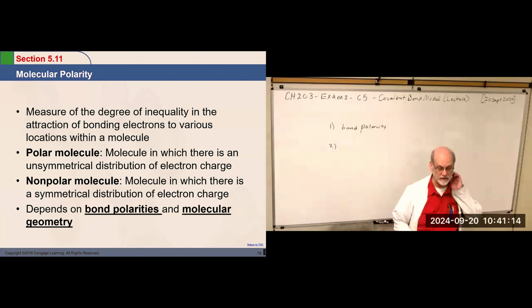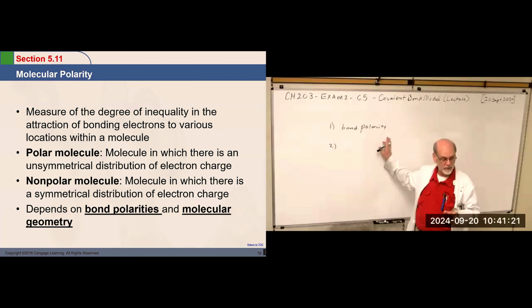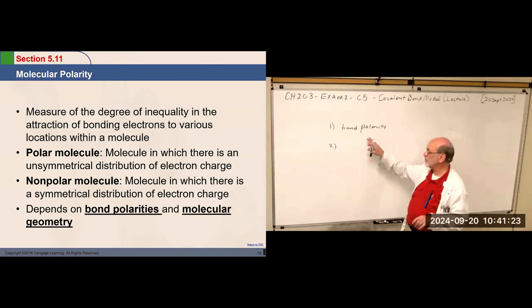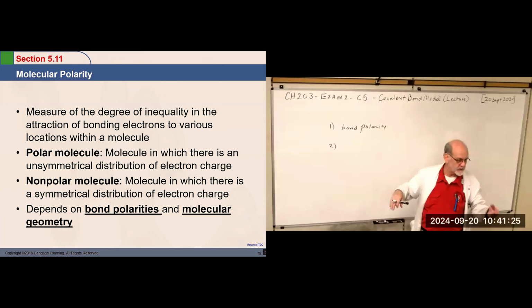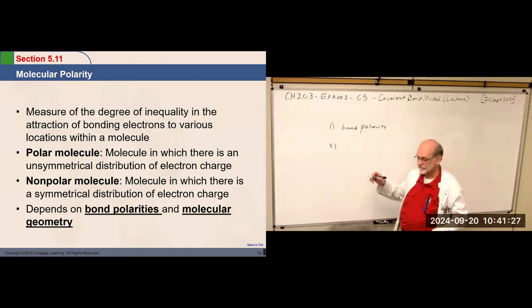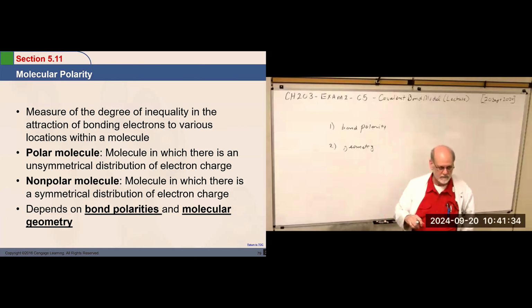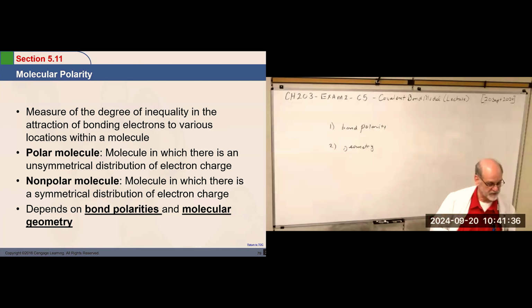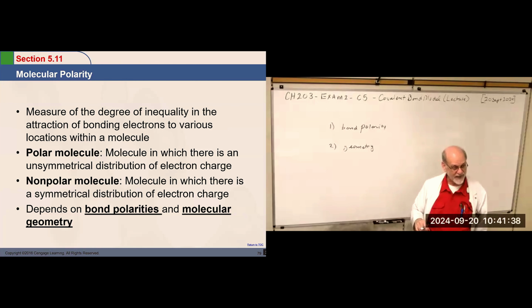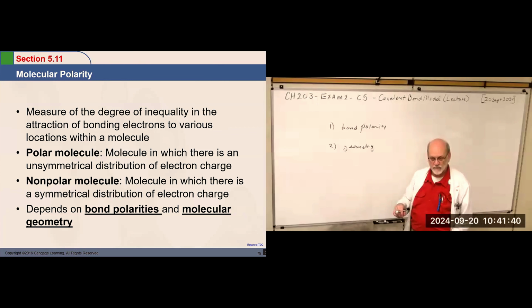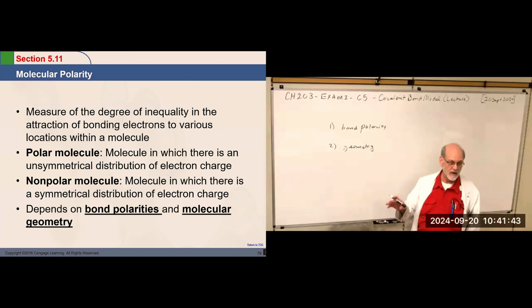Doesn't matter what else you do to it. If they're all equally nonpolar, then the molecule is nonpolar. But if you have polar bonds, then you have to consider the geometry. That's why we went to all that trouble with the VSEPR model to determine the geometry. Because now, once you find the polarity of the bonds, do they reinforce each other or do they cancel each other out?